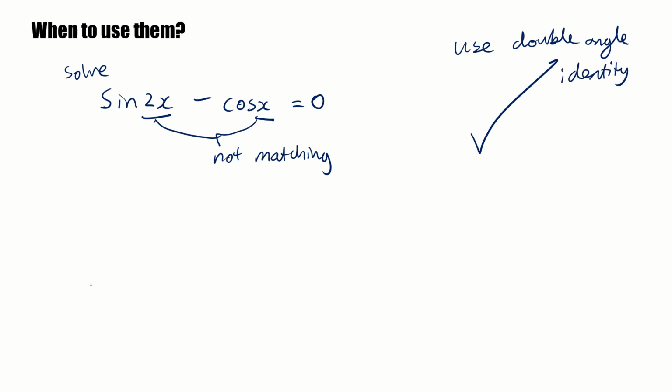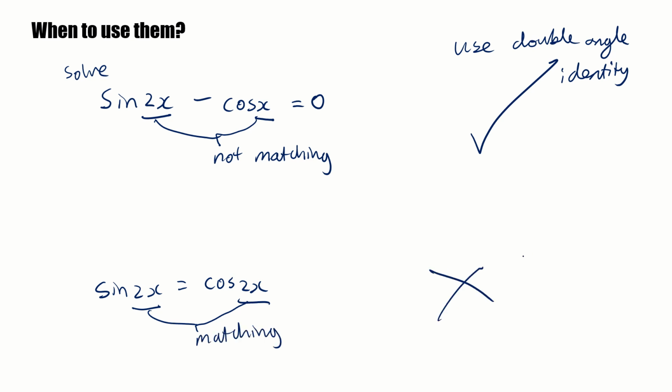Whereas if we had to solve, let's say, sine 2x equals cos 2x, in this case they are matching. And so therefore there is no reason to use double angle identities, because we don't need to.